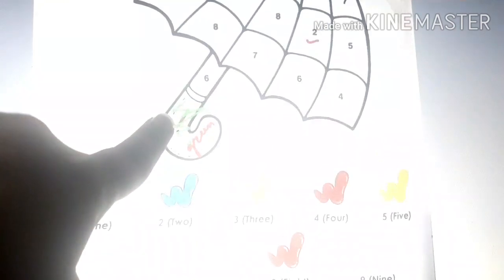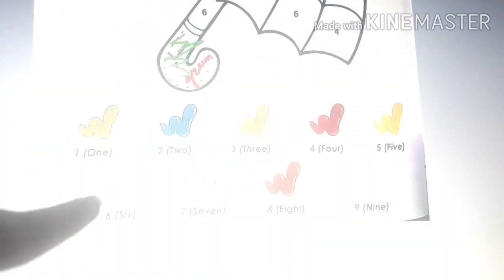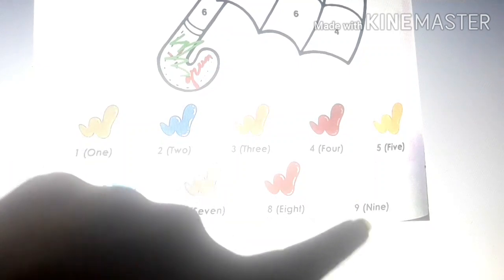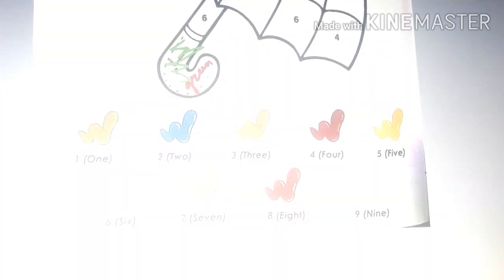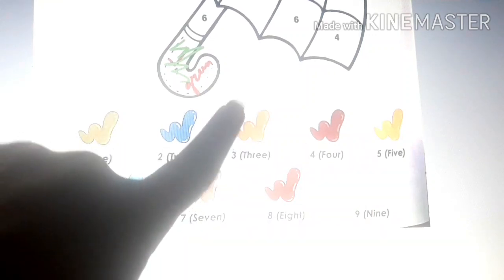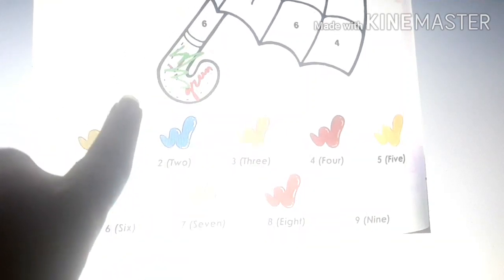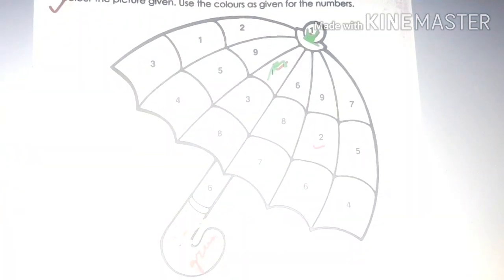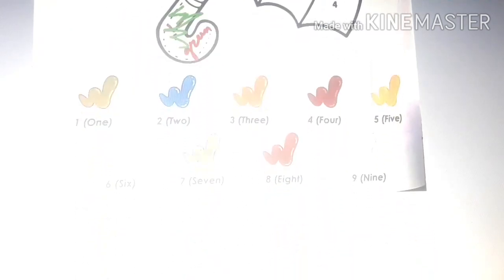So you are going to apply green color in all the ones, and the same applies with 2, 3, 4, 5, 6, 7, 8 and 9. With all the numbers, you have to use their specific colors which are given here. So you color this umbrella. Clear? Let's move to next.